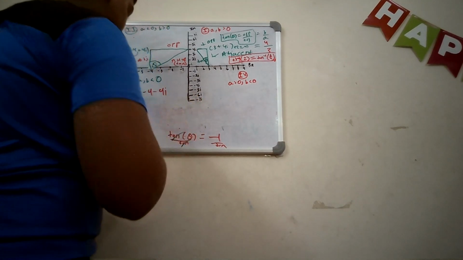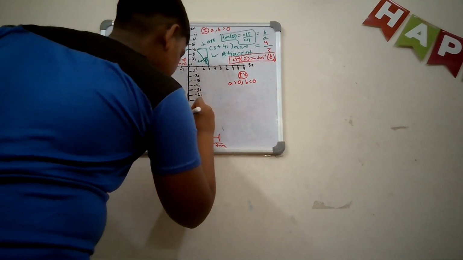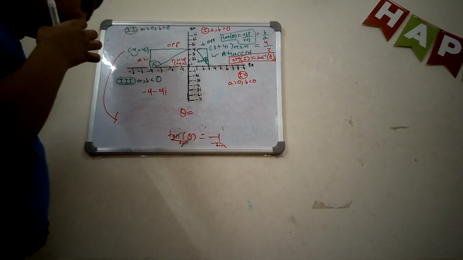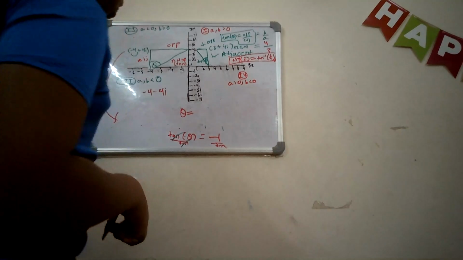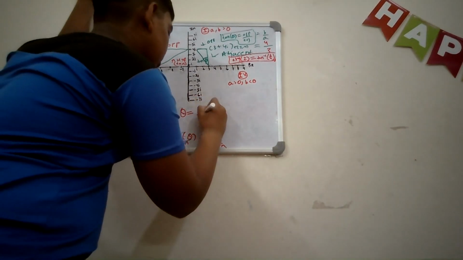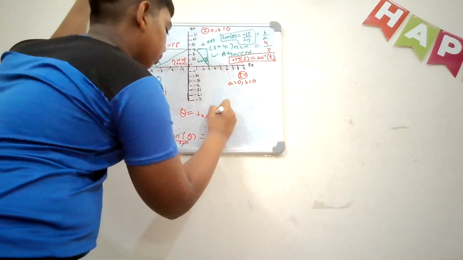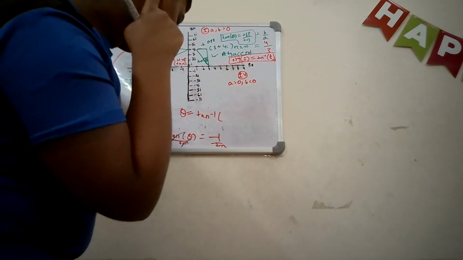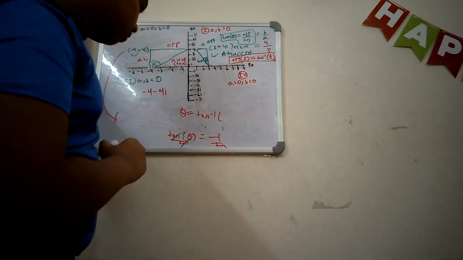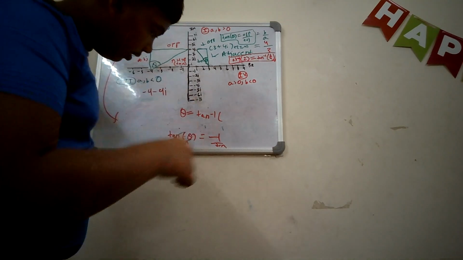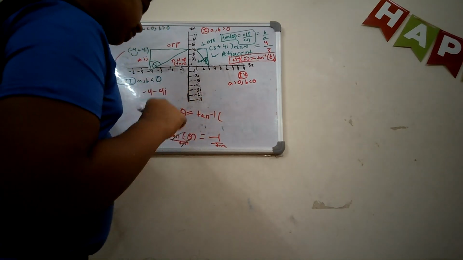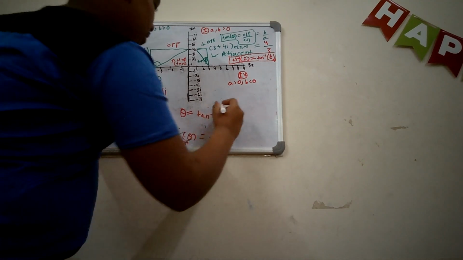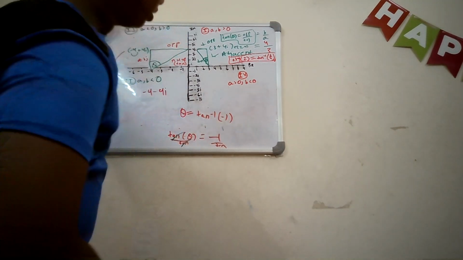And we get that theta, which is the argument, is equal to tan inverse of -1. Yeah, so tan inverse of -1.